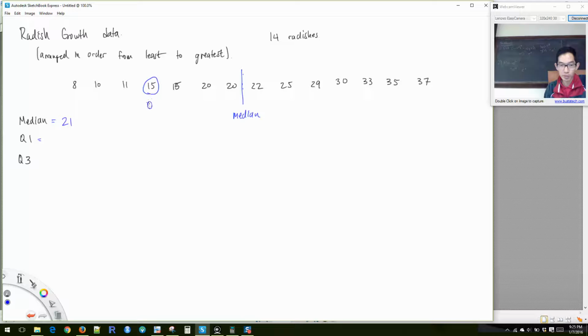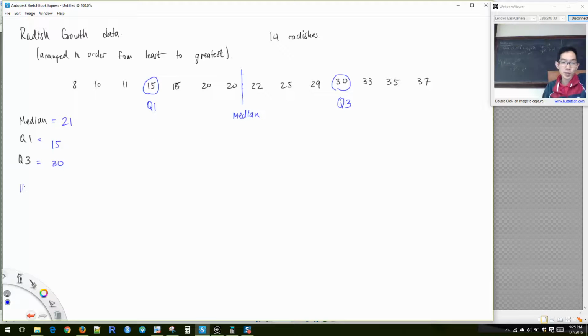So this is Q1, because now I have 3 numbers that are smaller than it and 3 numbers that are larger. I did the same thing over here, and what do I get? Q3. So Q1 is 15, Q3 is 30. Now if I had an even number, Q1 would be halfway in between 2 numbers over here, and if I had an even number over here, Q3 would be halfway in between 2 numbers over here.